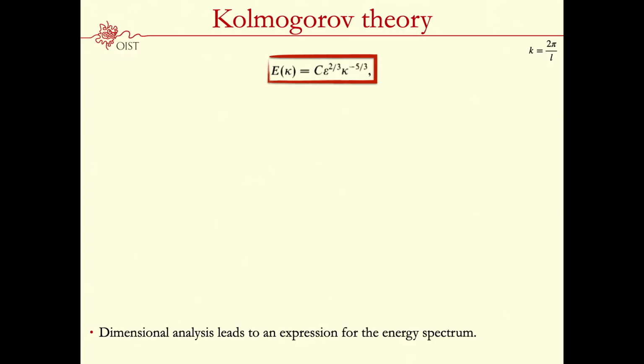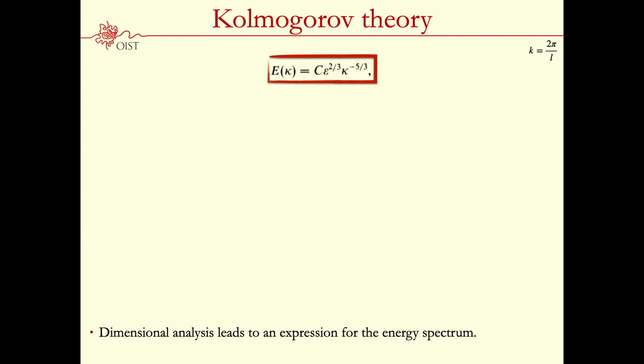So one of the probably most famous results from Kolmogorov's theory is these relations about the energy spectra. So what is the energy spectra? It's how much energy you have in each scale or wave number. So k is the wave number. It's just 2 pi over L, where L is the scale that you are looking at.